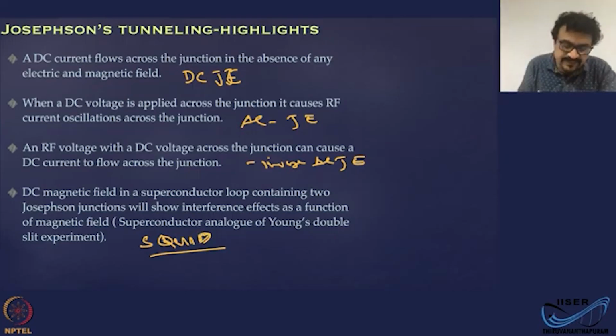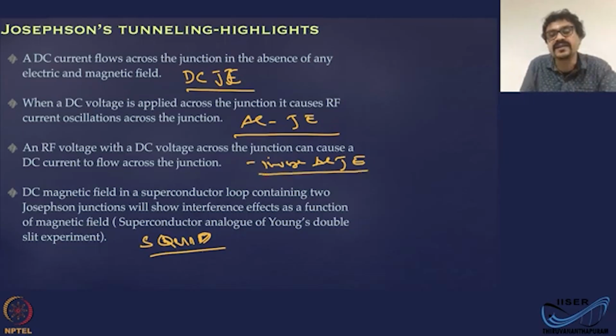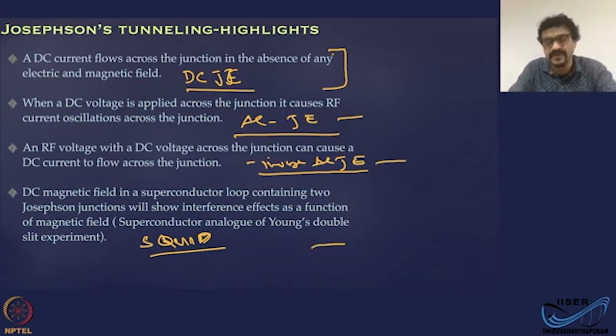So DC Josephson effect, AC Josephson effect, inverse AC Josephson effect, and the SQUID, the superconducting interference phenomena. It's a macroscopic quantum interference phenomenon. Okay. So in this lecture, let us start with the DC Josephson effect. Then we will follow with the AC Josephson effect, inverse AC, and the SQUID in the coming lecture. Okay.